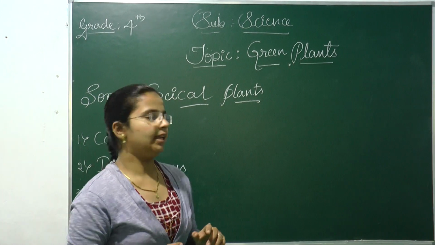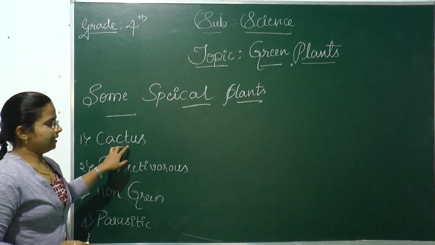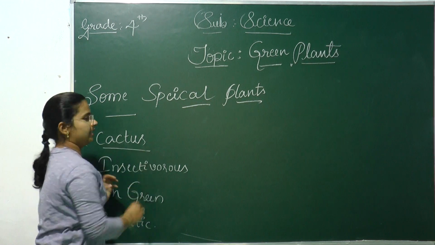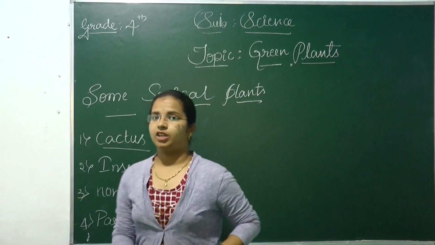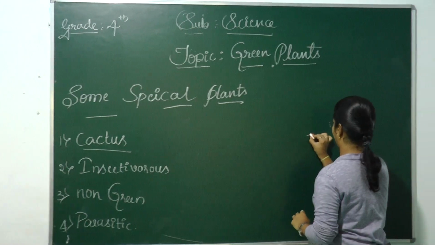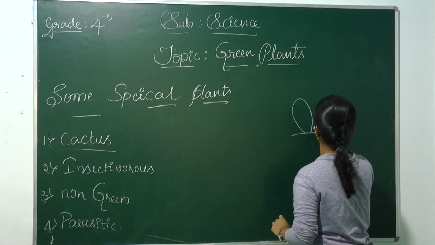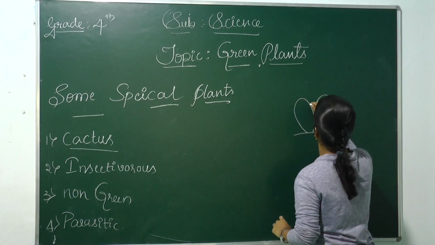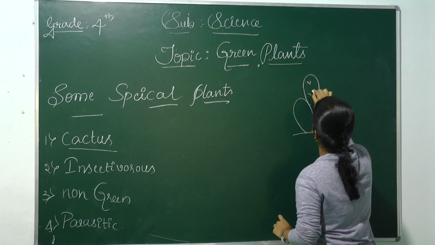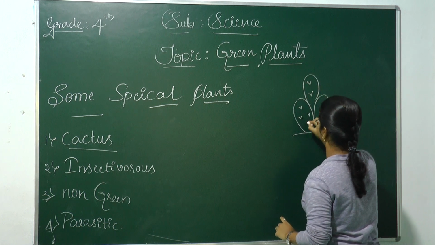The plants I have written here are very different from the plants we see in our daily life. Cactus is a plant which grows in desert places. You might have seen this plant growing near your home, which contains some thorns.